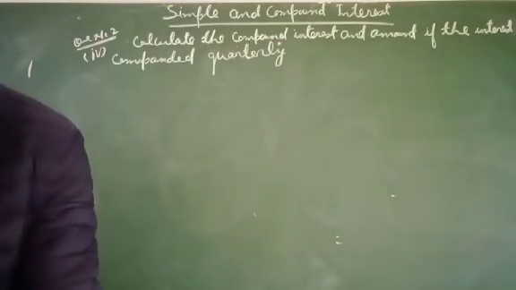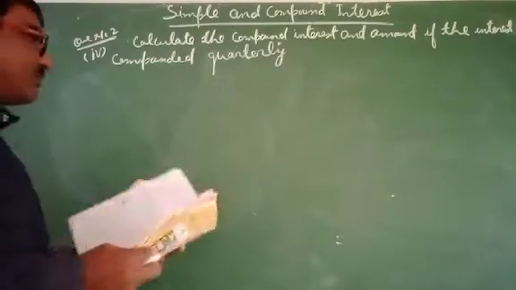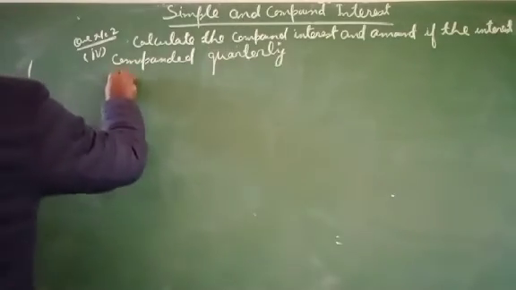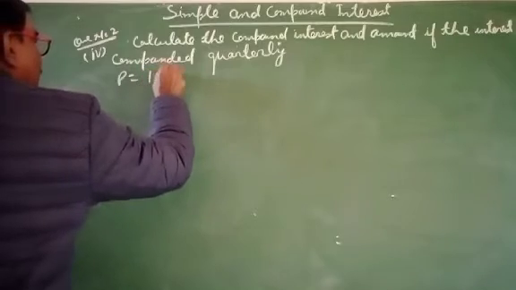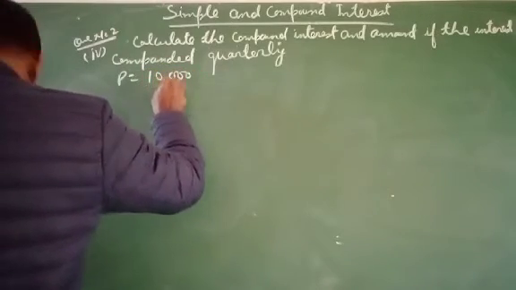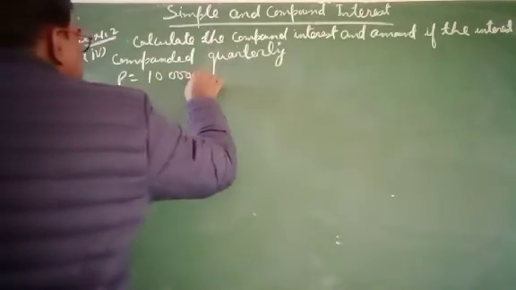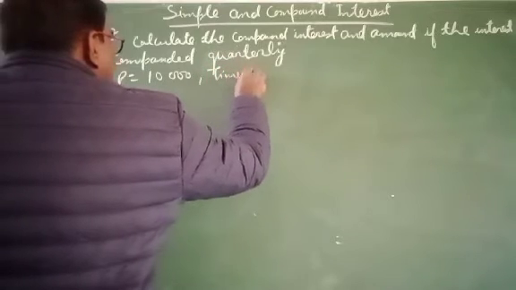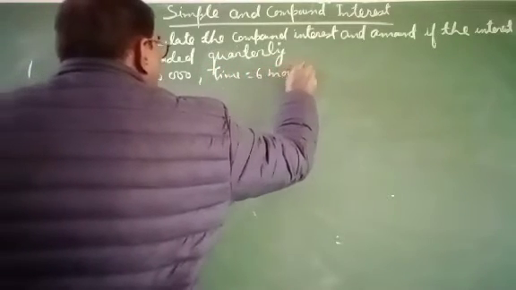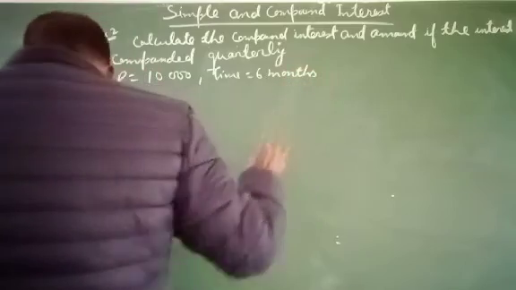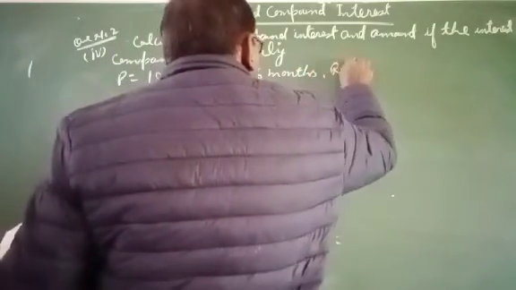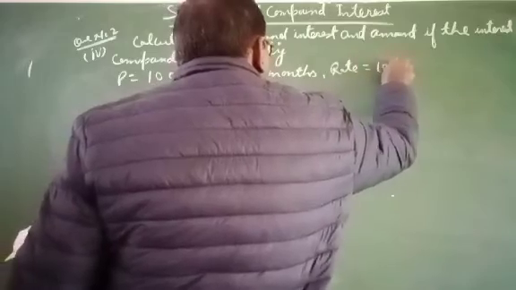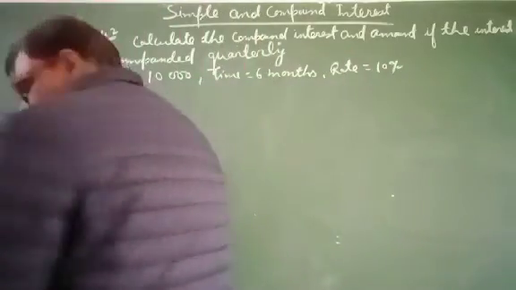Here principal P equals rupees 10,000, time equals 6 months, rate equals 10%.